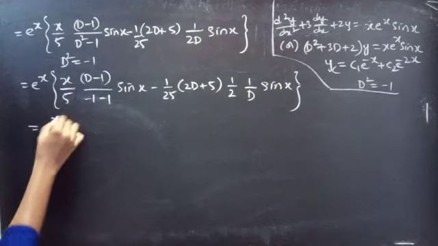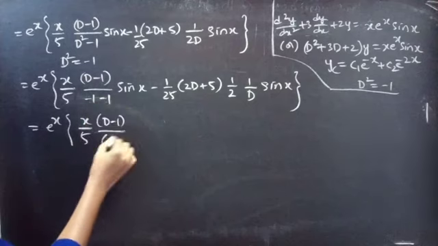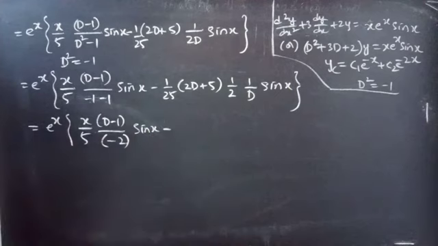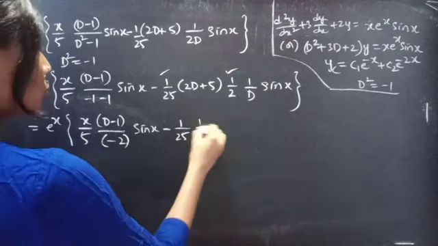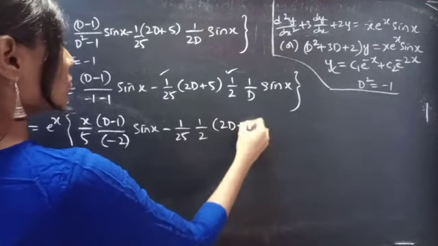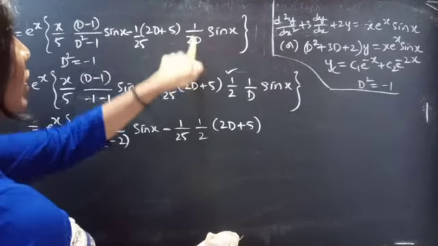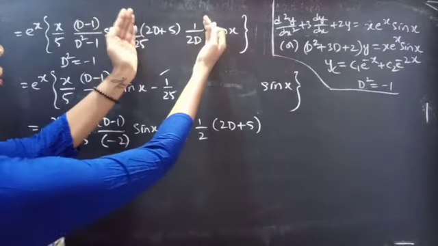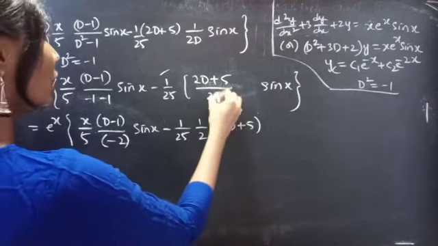Is equals to e power x into x by 5 into d minus 1 by minus 1 is minus 2 into sin x minus 1 by 25 into 1 by 2 into 2d plus 5, or instead of splitting 1 by 2d like this, we can just merge these two, just like 2d plus 5 by 2d.